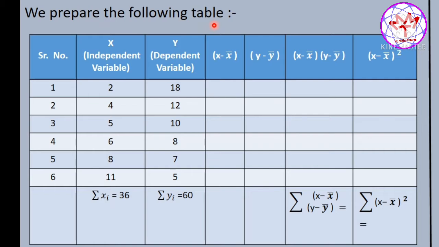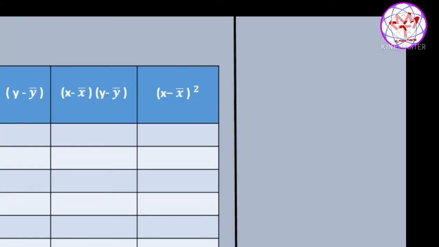So here we prepare the following table for the calculation. Now see over here, I have copied the values of x and y, and also I have calculated the summation xi and summation yi. Then we need to calculate first the value of x bar and y bar. We know that x bar is equal to summation xi upon n.